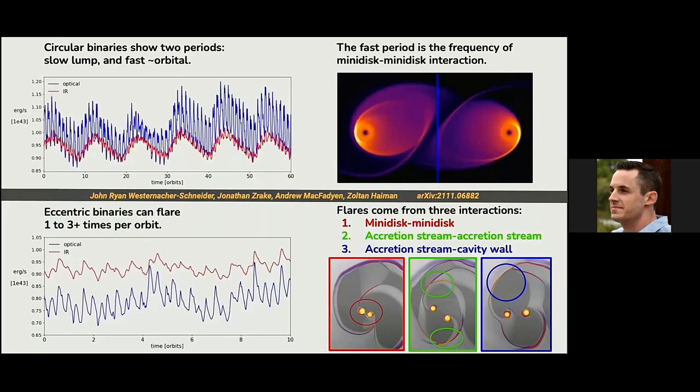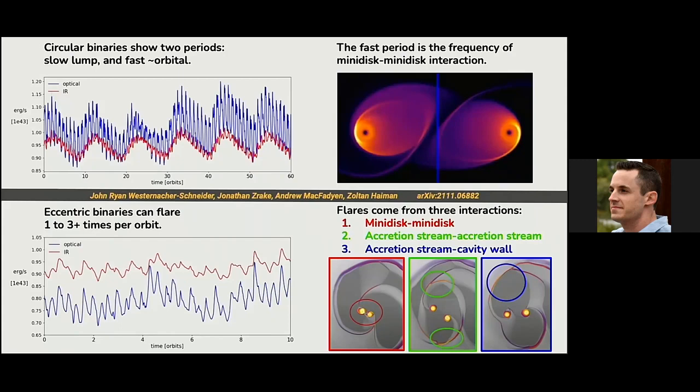And the hydrodynamic origin is in the bottom right. So there's a mini-disk interaction that occurs at periapse. That's shown in red here. There's also an accretion stream crashing into an accretion stream. That's depicted in the snapshot in green. And then there are accretion streams crashing into the cavity wall, shown in the depiction in blue.